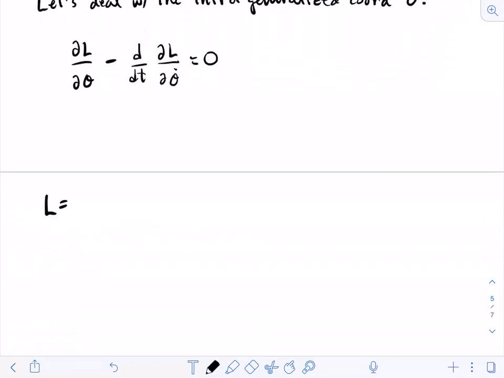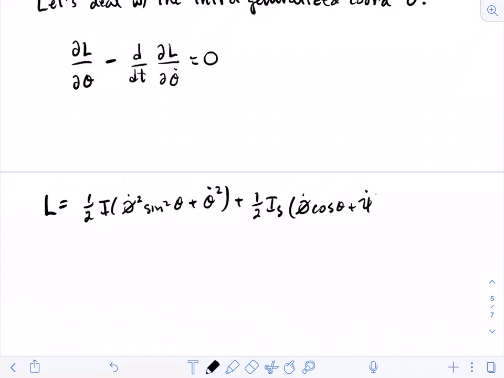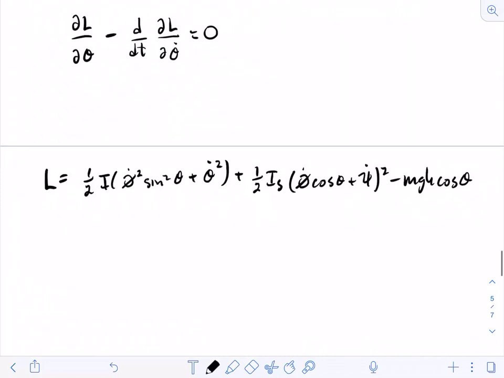So L was equal to 1/2 I phi dot squared sine squared theta plus theta dot squared plus 1/2 Is phi dot cos theta plus psi dot squared minus mgh cos theta. Okay, good. So that's probably the last time we'll have to write that down. Okay, so dL d theta.